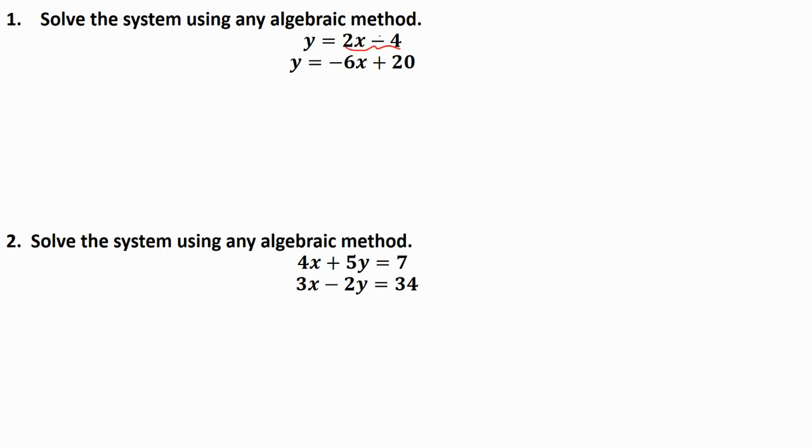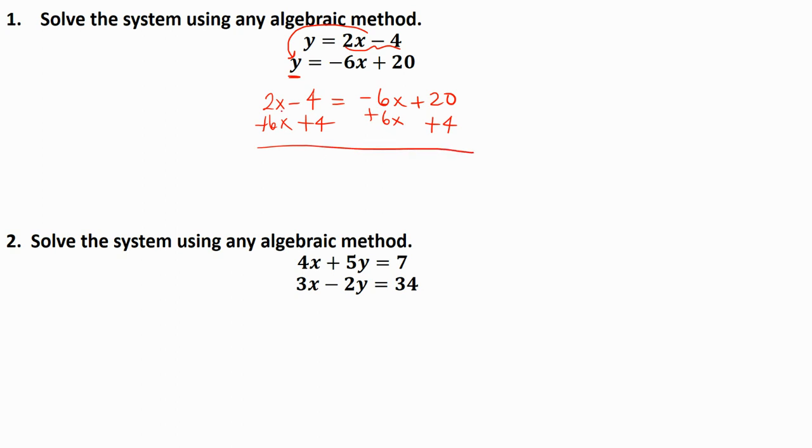So if y equals 2x minus 4, then this y also equals 2x minus 4. We can replace or substitute 2x minus 4 for this y. And now we have an equation just with x. We can add 6x to both sides and add 4 to the other side.